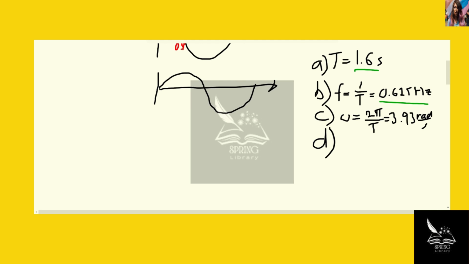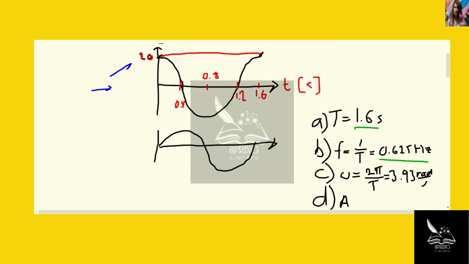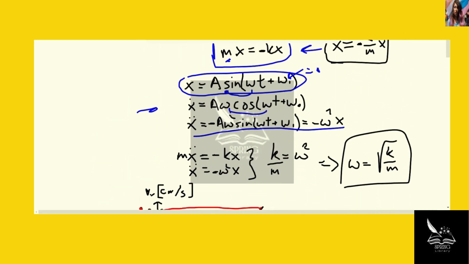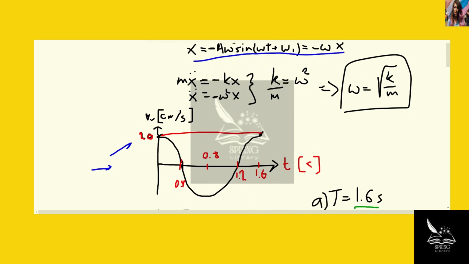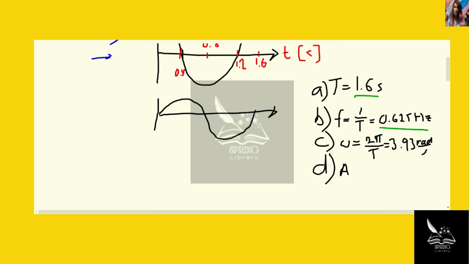If you continue, D, we're asked what is the amplitude A of x, because the amplitude is this A here. But we can also see that if we know what this is here, because that's what we're given in the figure, is the x dot, we see that x dot in the beginning is actually 20.